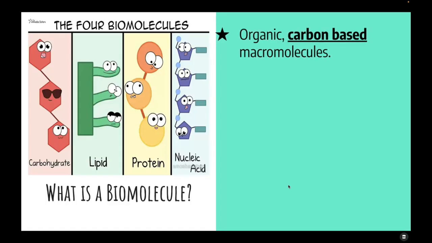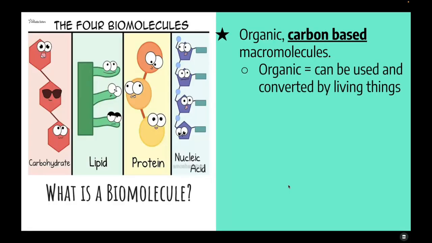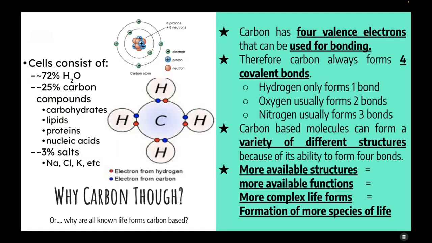And so what is a biomolecule exactly? They're organic, meaning they're carbon-based molecules, and they can be used and converted by living things, okay? For this section, I wanted to talk about the fact that cells have 72% water. Remember we talked about the properties of water video and how water is super important to maintain homeostasis within a living thing.